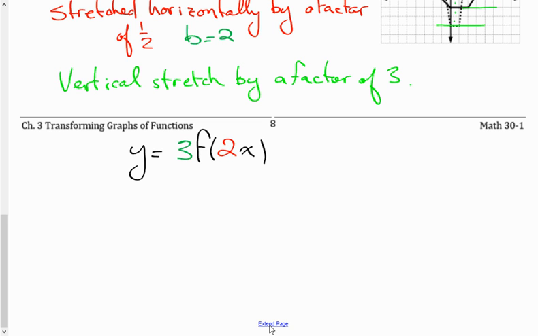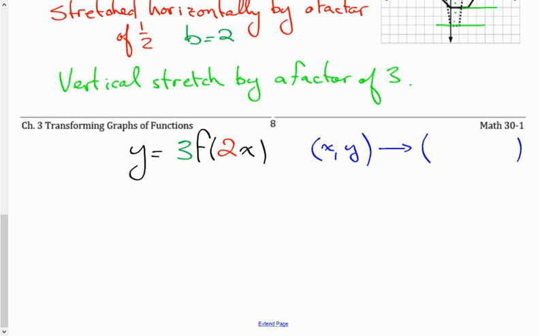Mapping notation. And let's do blue here. So we have our points, x comma y. What happened to all the x coordinates? x values were multiplied by 1/2.